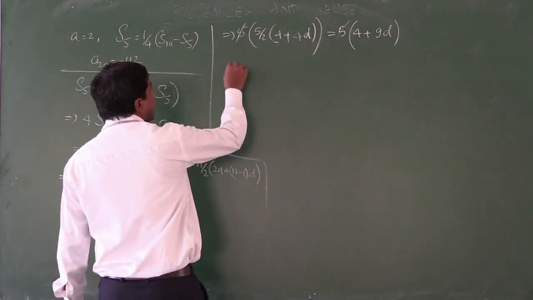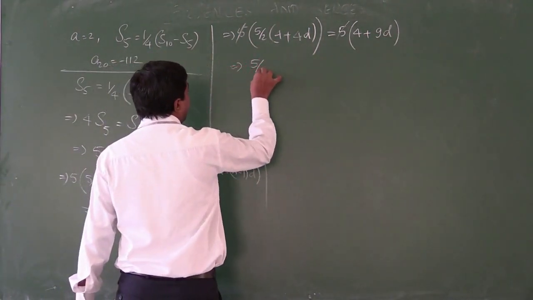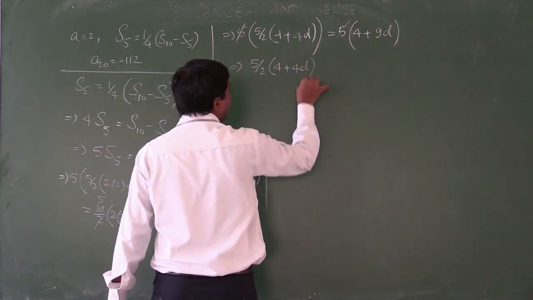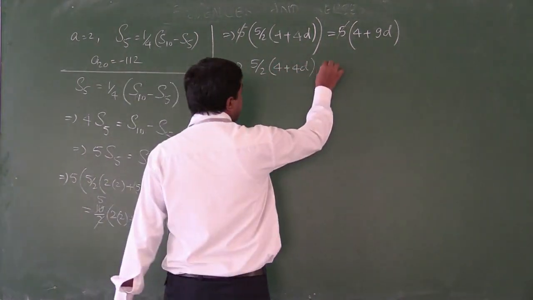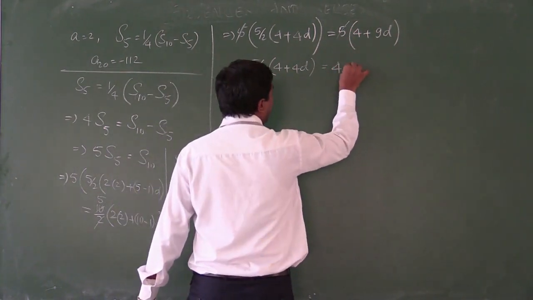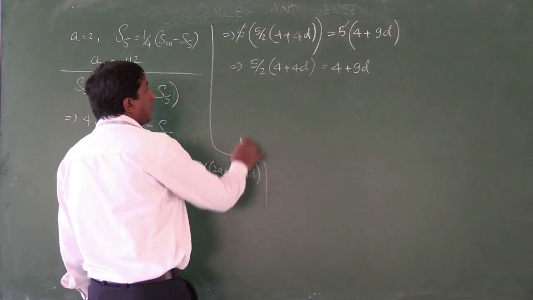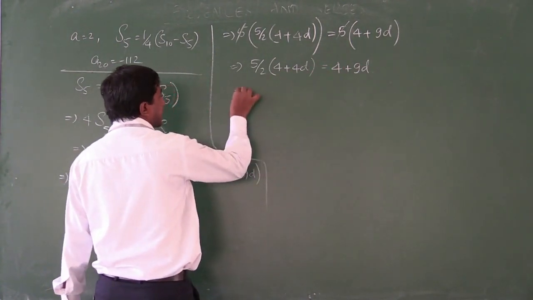We are left with 5 by 2 into 4 plus 4D, and on the RHS, 4 plus 9D. Now I will take this to that side.